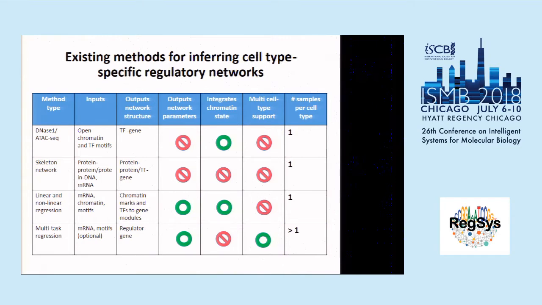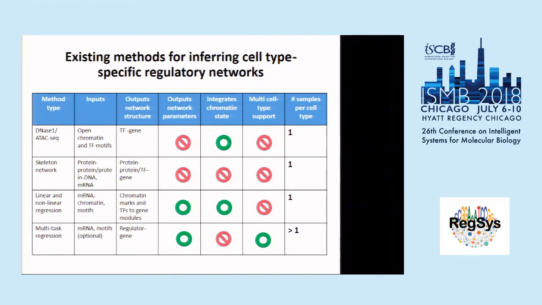Existing approaches to infer cell type specific networks can be grouped into different categories based on the types of data that they integrate and the features of the networks that they infer. There are very few so far that combine epigenetic and expression data, or that can handle multiple cell types at the same time.